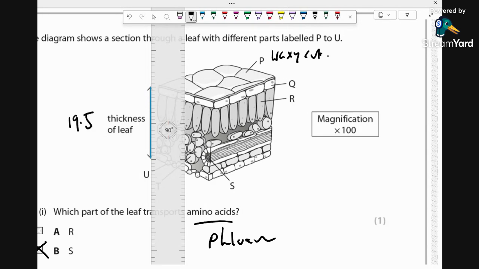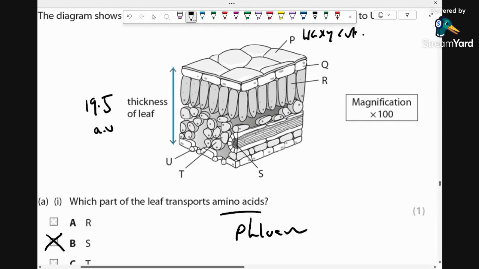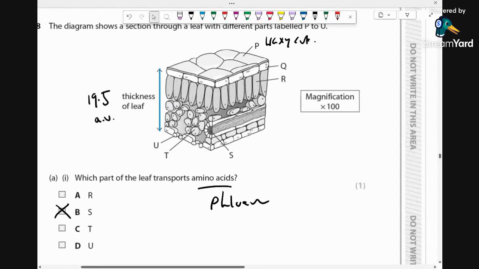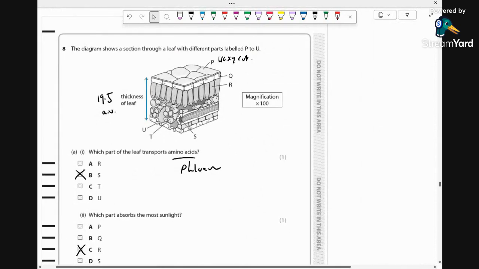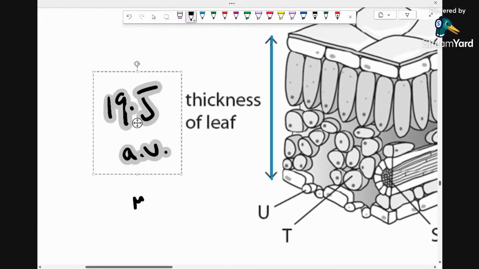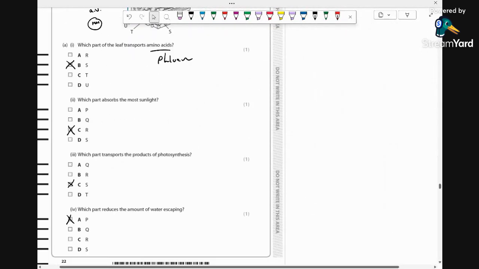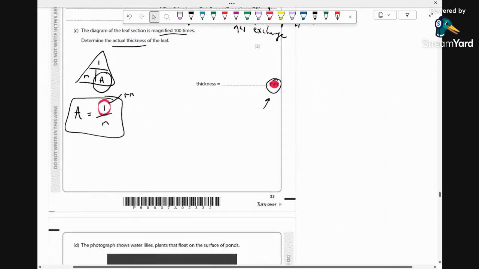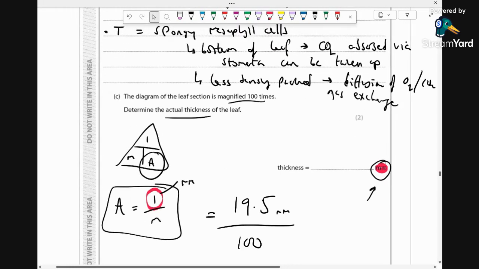Now, I don't know what the units are of that ruler, which is annoying. It's sort of arbitrary units. You'd have to do that in your own, in millimeters, is what you'd use. I'm going to use 19.5, just to make it easy for you. So I would do 19.5, assuming that that's in millimeters, divided by 100. Actually, that probably looks like it's in centimeters, doesn't it?